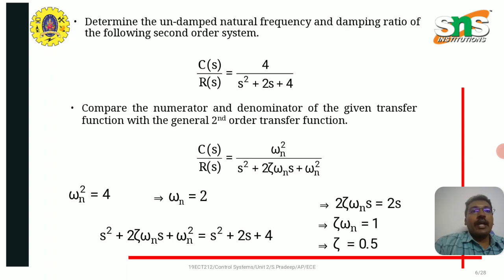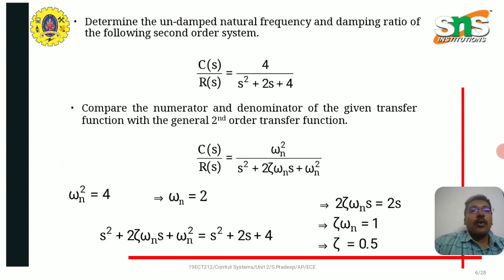The undamped natural frequency and damping ratio of the following second order system are shown. For example, C(s) divided by R(s) equals 4 divided by s square plus 2s plus 4. Compare the numerator and denominator of the given transfer function with the general second order transfer function.